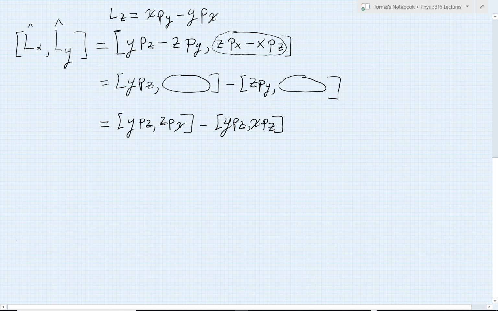Moving along to the next set of terms, I have minus zpy commuted with this sum, so that would give me zpy commuted with, the first term is zpx. And then finally, I have a double minus sign. I have minus zpy commuted with minus xpz, so that becomes a plus. And the terms are, again, zpy, and that is commuted with xpz as the final set of terms.